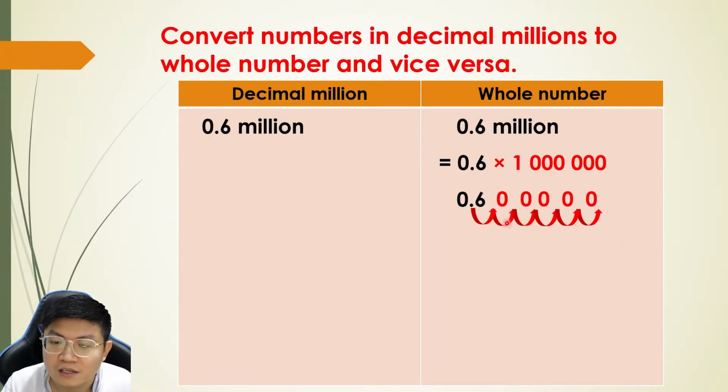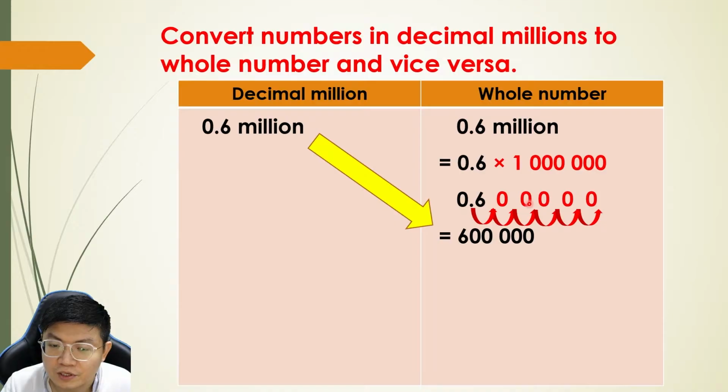So the 0s insert in the holes, yeah? 1, 2, 3, 4, 5. Therefore, the final answer is 600,000. So 0.6 million, when we convert to whole number, is 600,000.